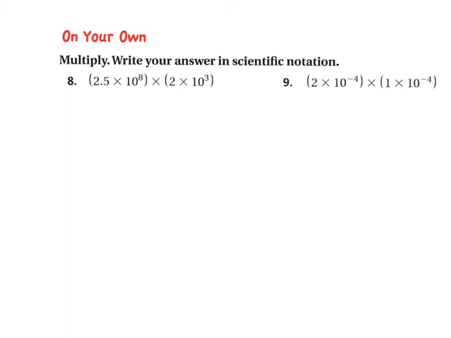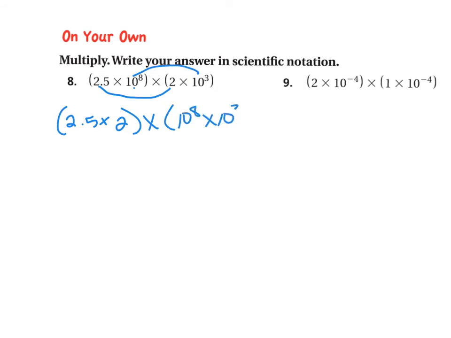So I'm going to have my original equation, 2.5 times 10 to the 8th times 2 times 10 to the 3rd. I know I'm going to put these two together, and I know I'm going to put these two together. So I'm going to have, and you go ahead and put in parentheses, 2.5 times 2 times 10 to the 8th times 10 to the 3rd.